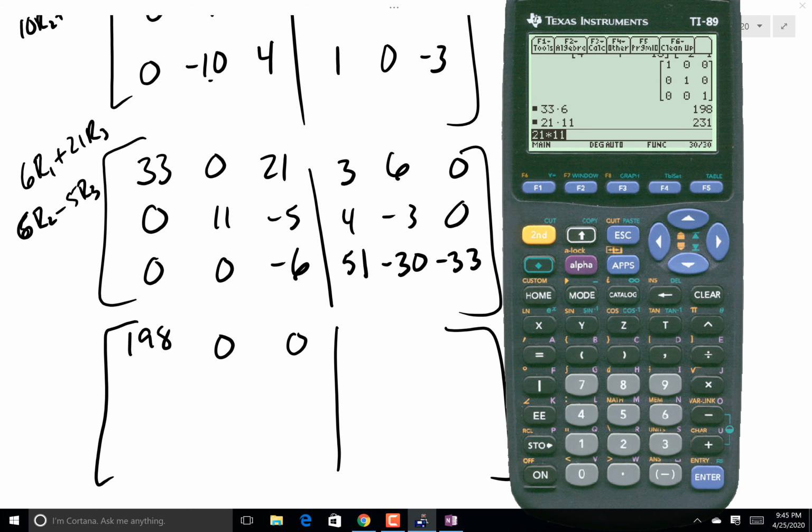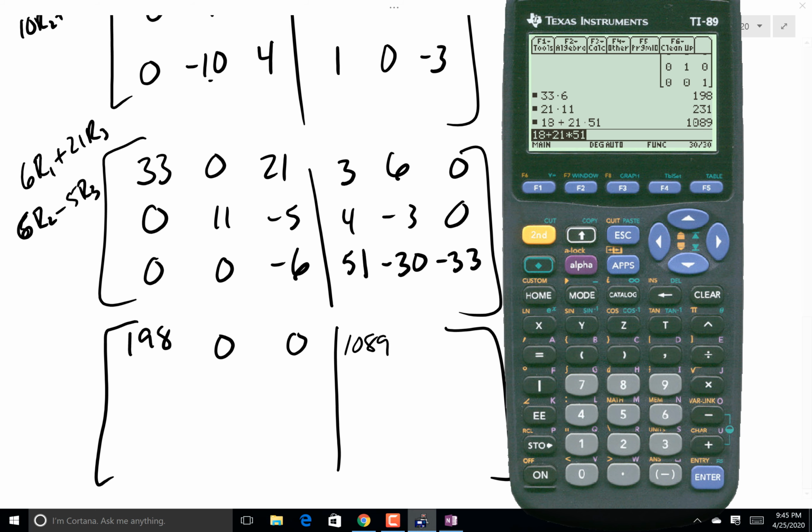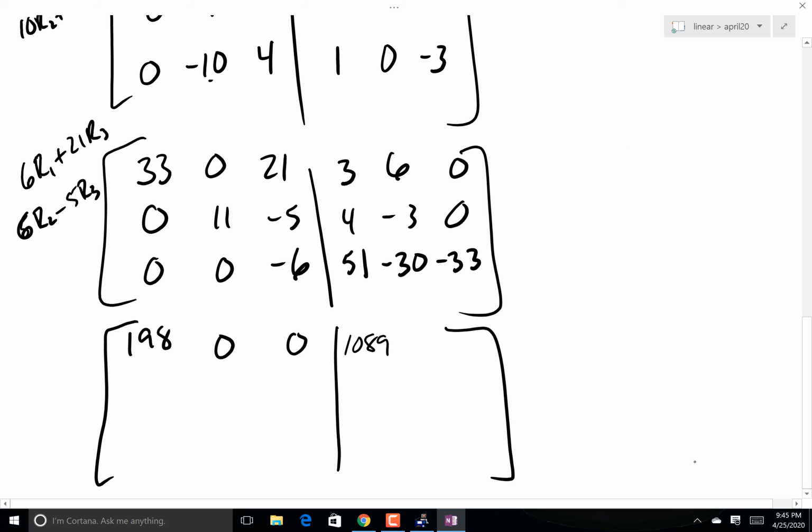Goodness. 18 plus 21 times 51 is 1,089. And then it's going to be, good night, 36 minus 30 times 21, negative 594.